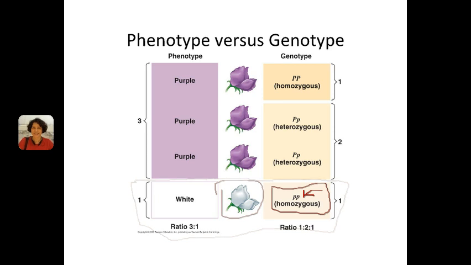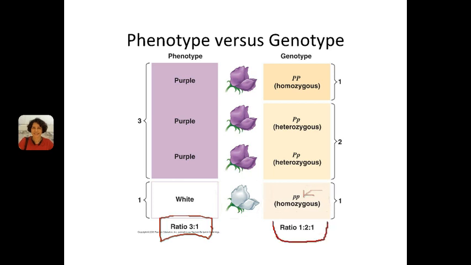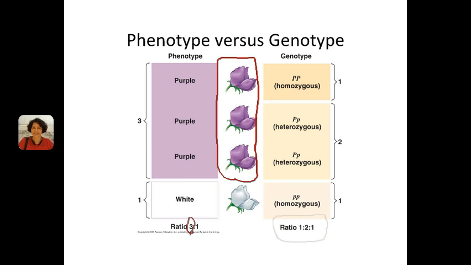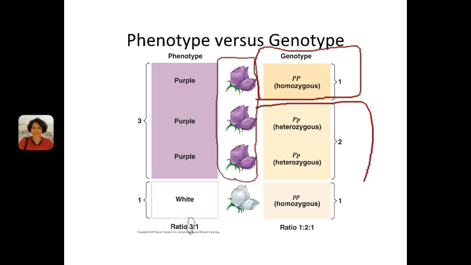Notice another thing. The phenotypic ratio of 3:1 is determined by a genotypic ratio of 1:2:1. And where does that come from? Well, the 3 of the phenotype, these 3 purple flowers, can be subdivided into 1 that is homozygous dominant and 2 that are heterozygous.